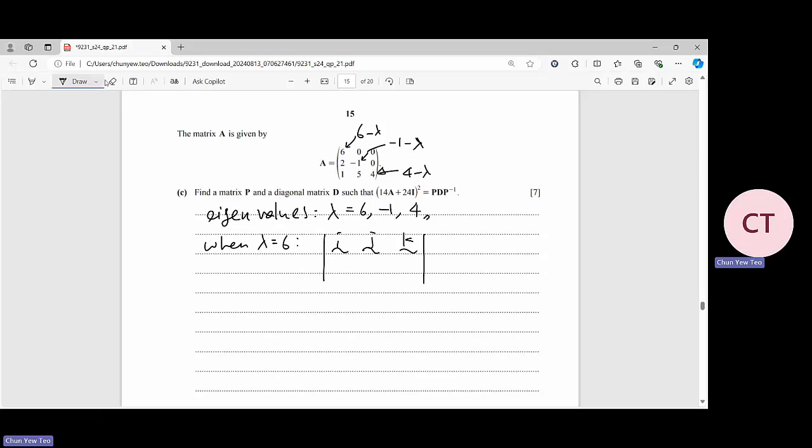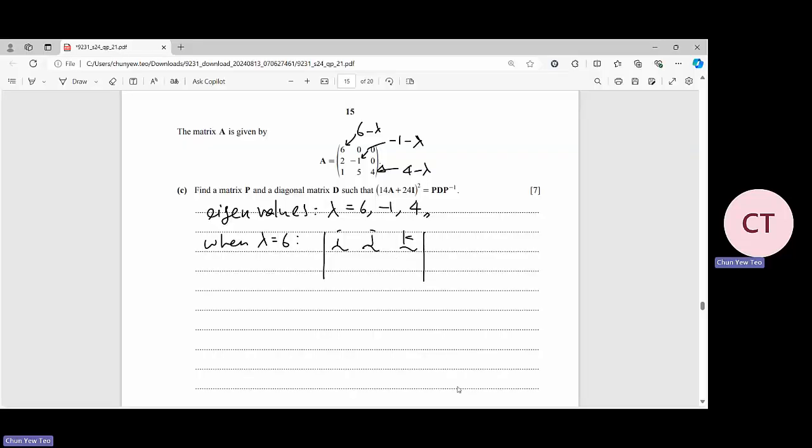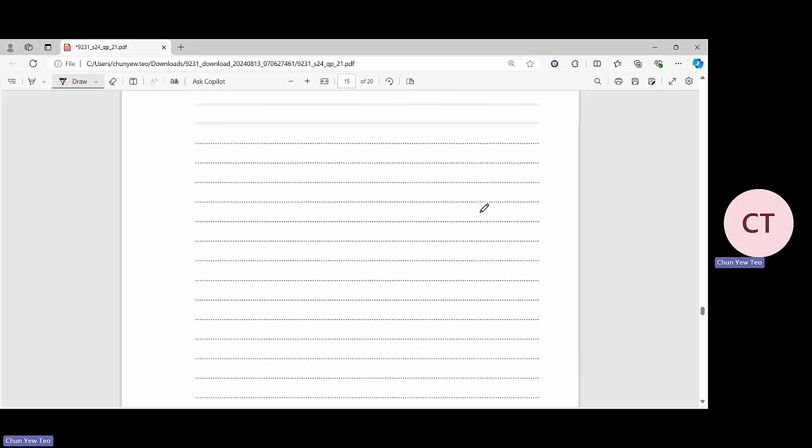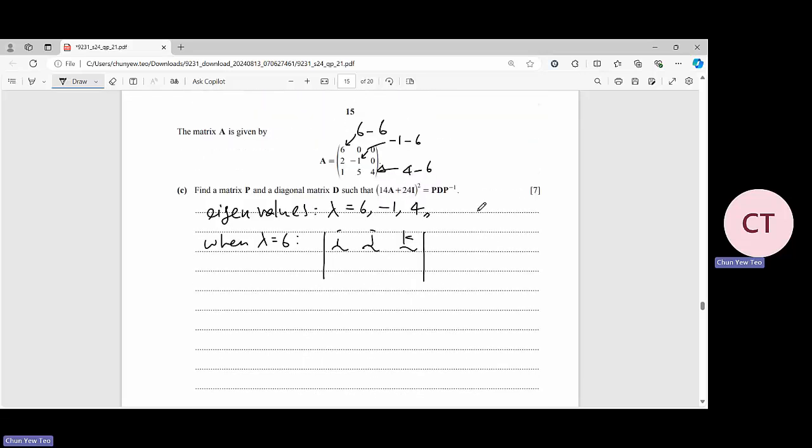If you change the value of lambda here, it becomes 6. This one is negative 1, this is 4, so if you change it becomes 6. So the first row is not suitable to use. It's only suitable for us to use the second row and the third row.